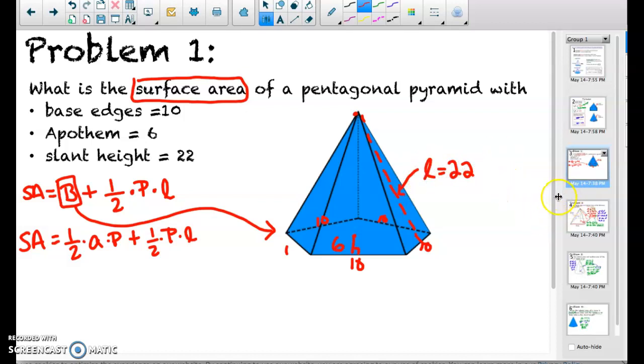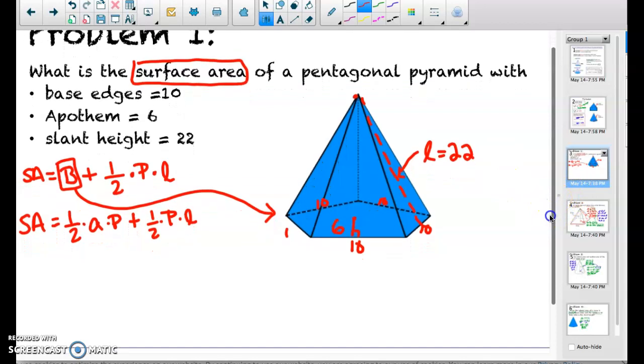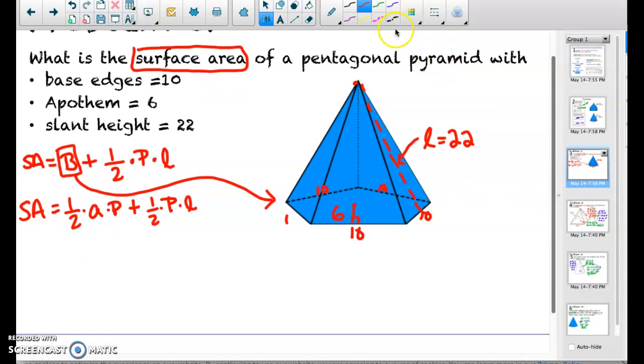Okay. So now I'm going to take these numbers and start plugging them into my formula here. So I've got surface area is equal to 1/2. I know the apothem number. They gave that to us. That's 6. So 1/2 times 6 times the perimeter of the base.